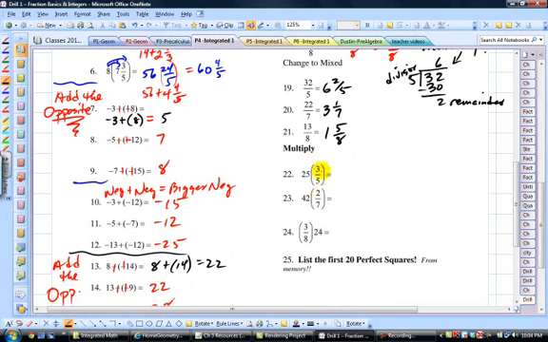And the last technique is multiplying whole numbers and fractions. And the fastest way is to divide then multiply. Okay? Divide first. Then multiply. So let's write down the steps here.